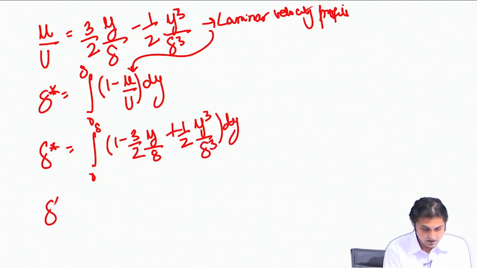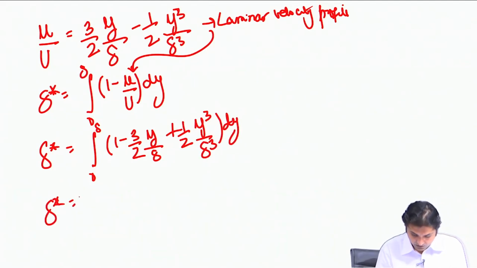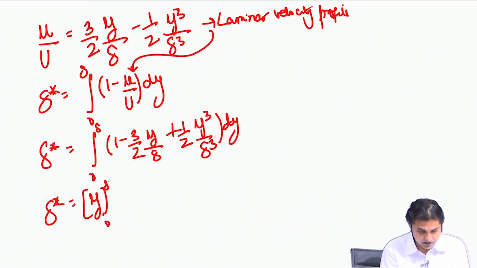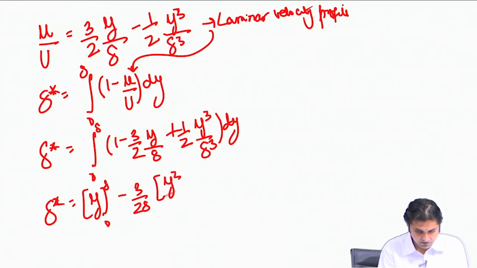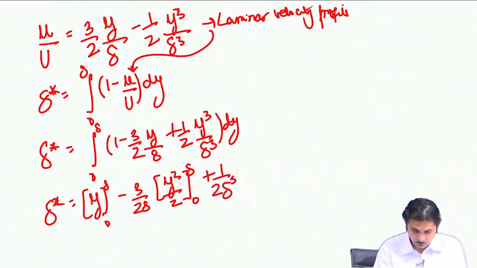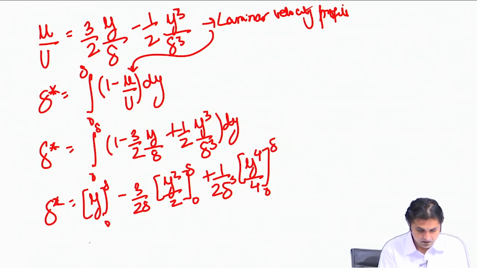After integration we get y from 0 to delta, minus 3 by 2 delta times y square by 2 from 0 to delta, plus 1 by 2 delta cube times y to the power 4 by 4 from 0 to delta.